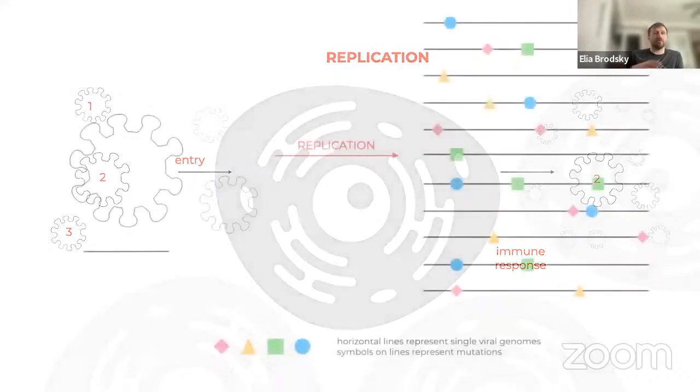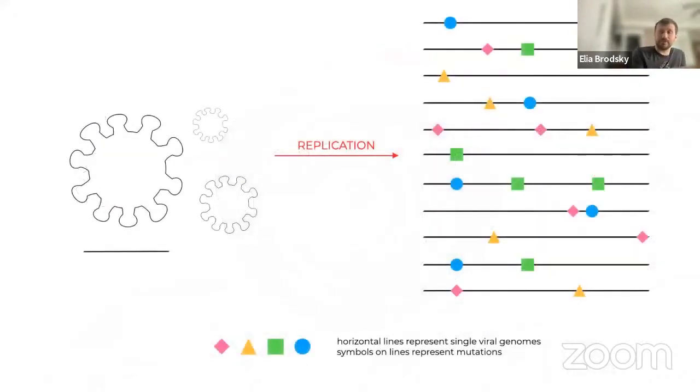So as a result, if we take that sample and we sequence it, we will find many genomes, and these genomes can be similar to each other or different from each other, right? And that is called genomic diversity. Or, in the case of COVID-19, we call these variants.